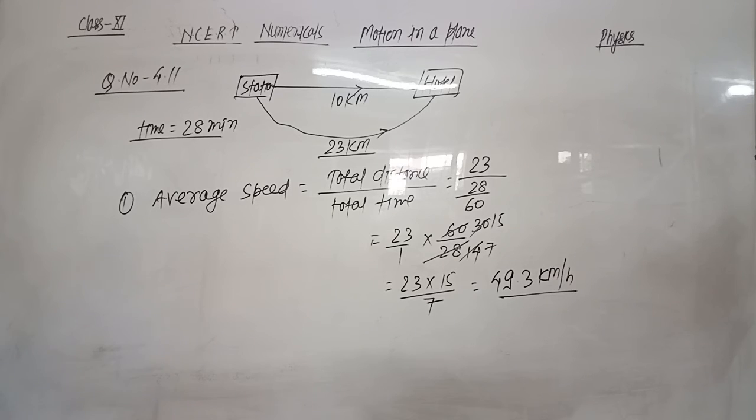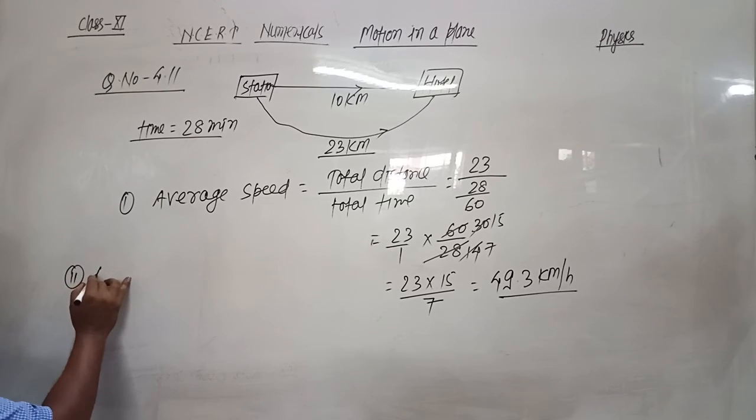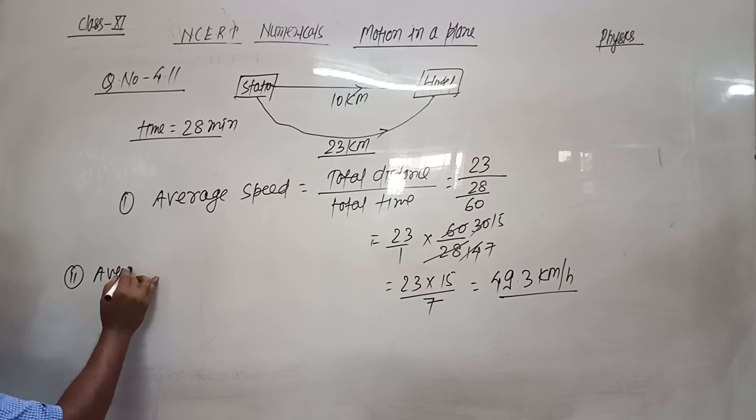Now we have to calculate the magnitude of average velocity, using the formula displacement upon time taken. The time taken was given as 28 minutes.